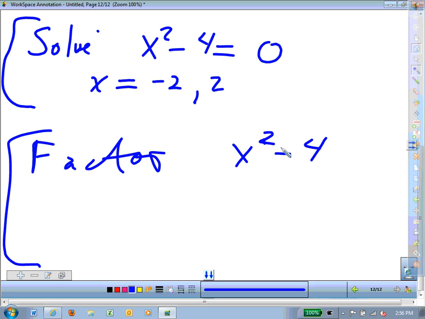Now take the expression x squared minus 4, and I can say factor that. There are common factors, a different thing, but usually that means reducing the powers that appear.